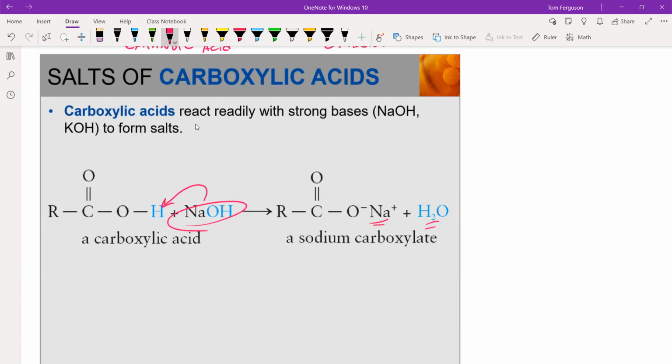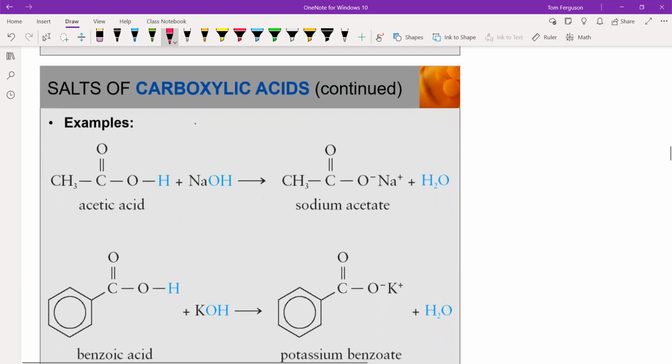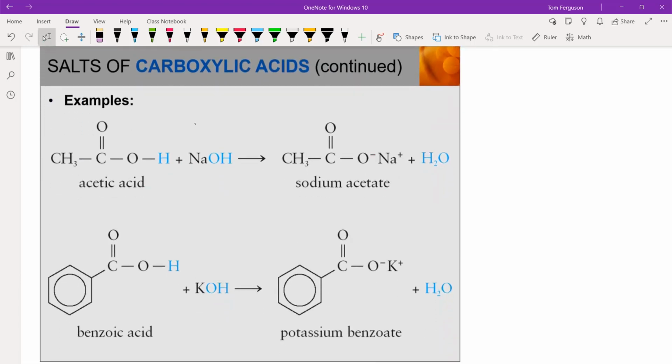This is just straight neutralization of an acid. Whether it's in just plain water or in an alkaline water like sodium hydroxide or potassium hydroxide, you still form the salt. This is the salt.